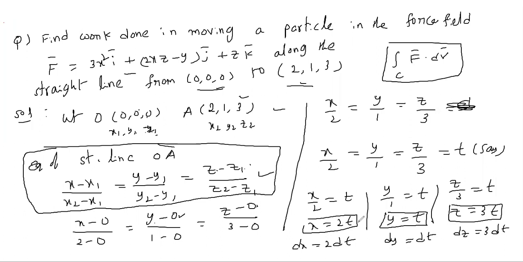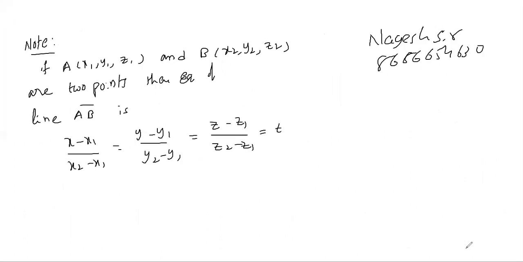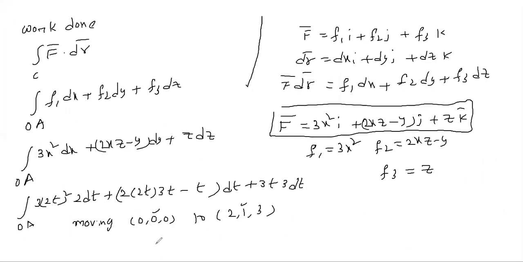If you want, I'll take x equal to 2t. See here, everyone. I'm taking x values. x equal to 0.